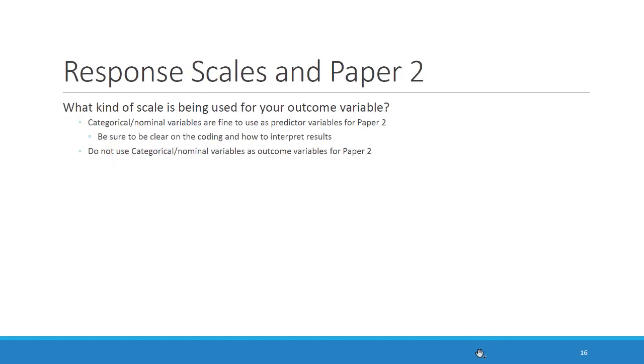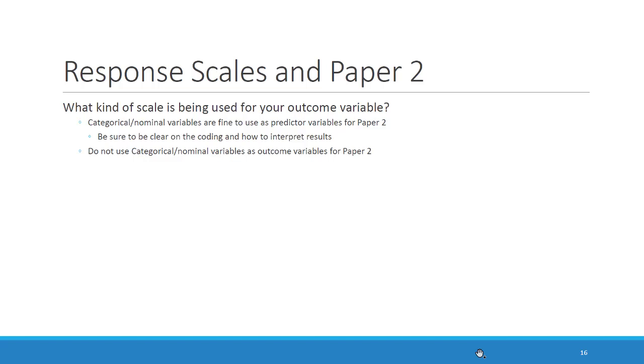In terms of your paper 2, I wanted to make one important point, which is that when you're looking at variables for your paper 2, think about what kind of scale is being used for your variables. Categorical or nominal variables are fine to use as predictor variables for your paper 2.